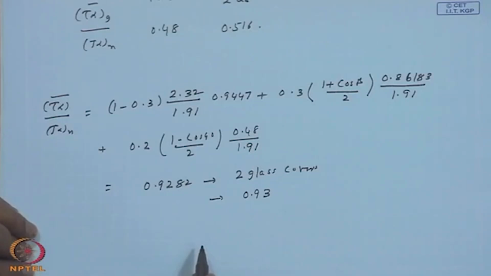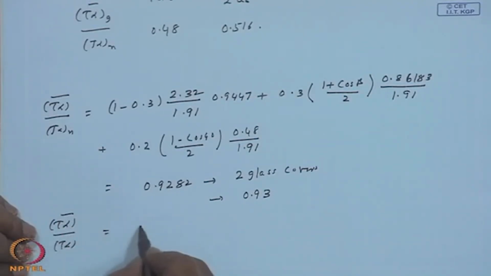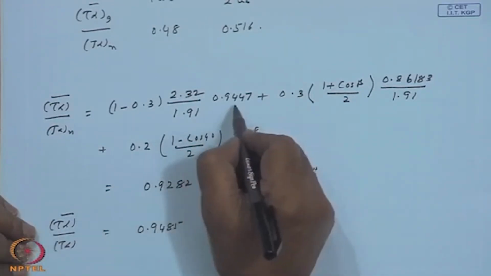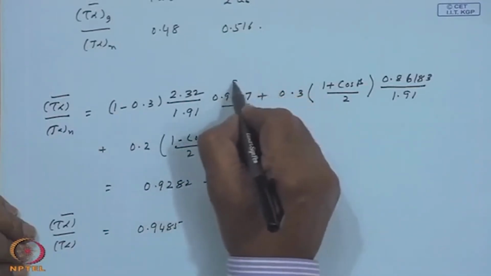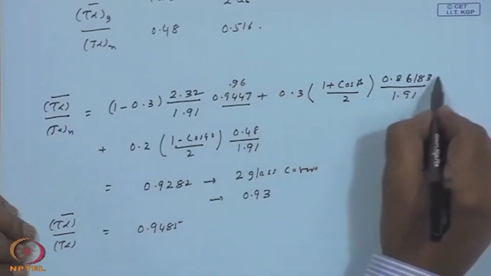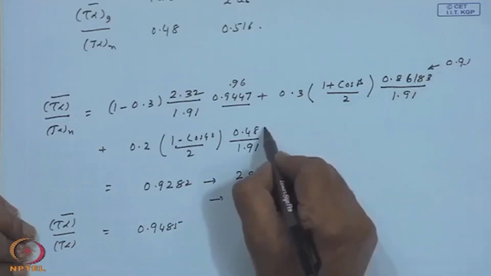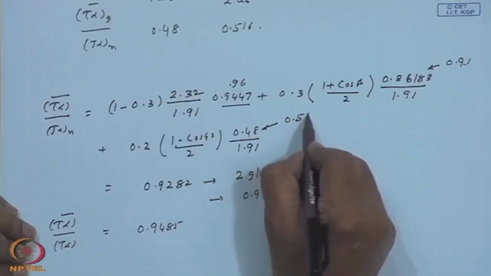That small difference may be due to the theta b bar. But if I do with one glass cover, tau alpha bar by tau alpha n is 0.9485. What I have done is I have replaced this 0.94475 with 0.96 and this one with 0.91 and this one with 0.516.